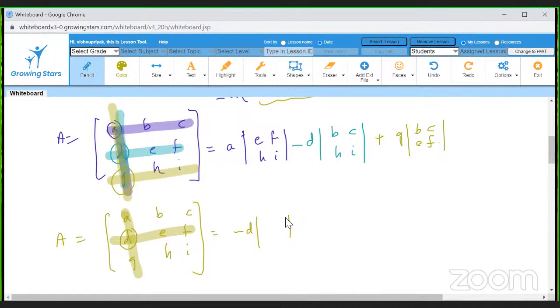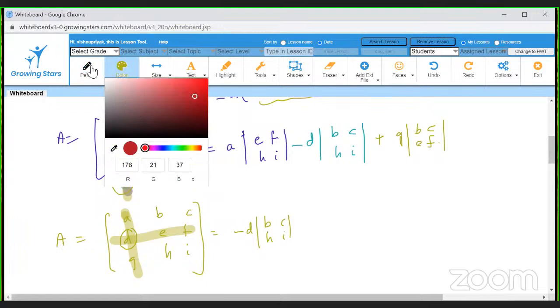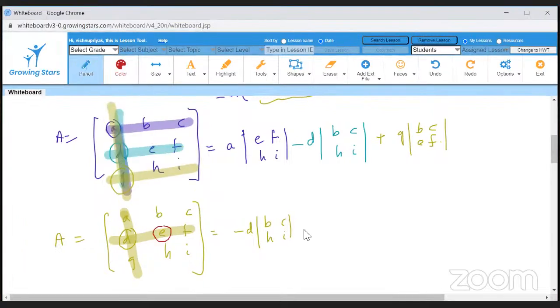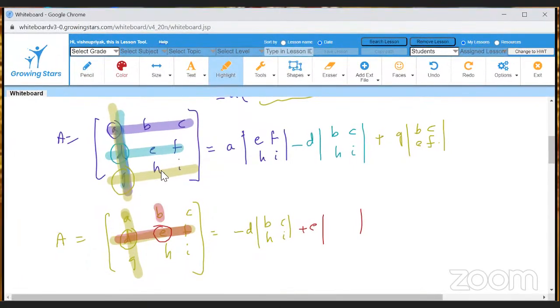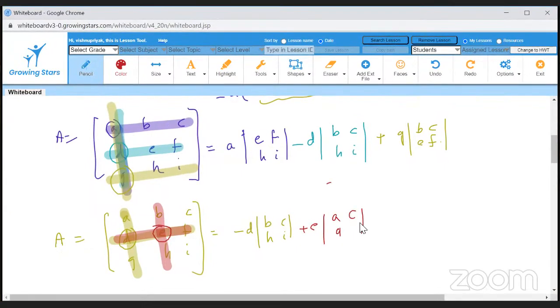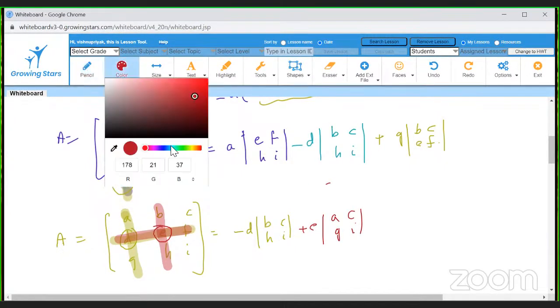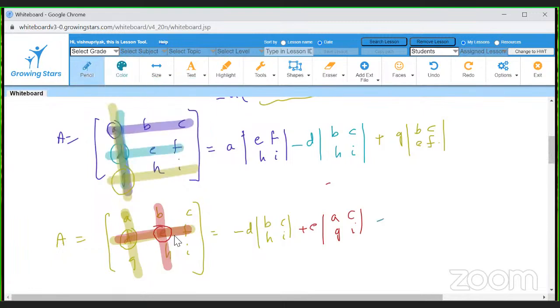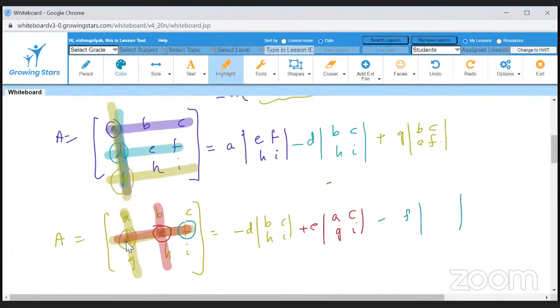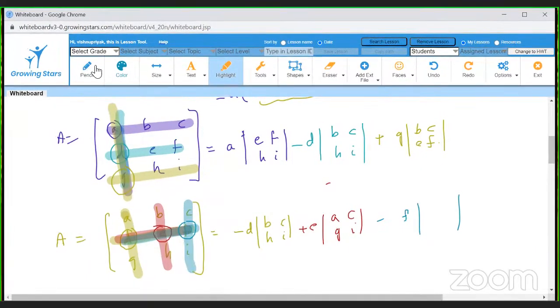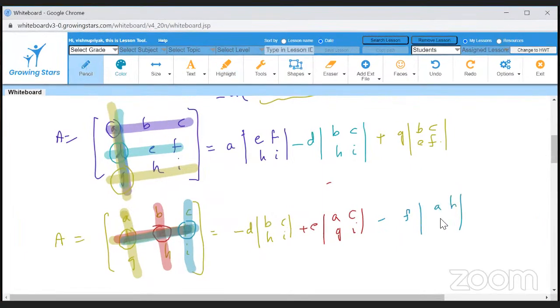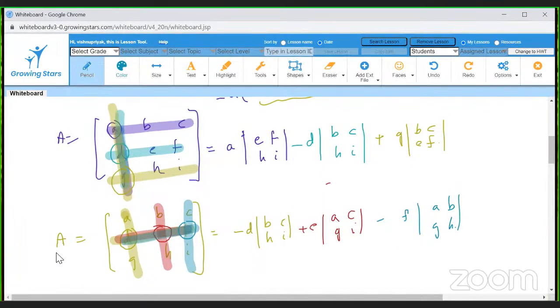The left elements are B, C, H, I. Then next is E. Plus E into, remove the E row and E column. The left elements are A, C, G, I. And again, minus F into, remove the F row and F column. The left elements are A, B, G, H. Like this also you can multiply.